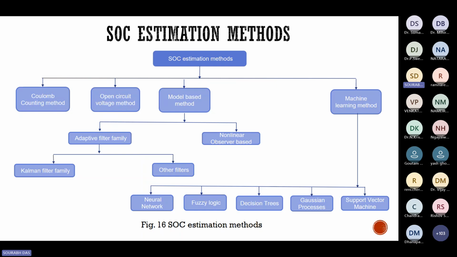They are also of two types. One is the adaptive filter based. In the adaptive filter based, there is the Kalman filter family and other families. The Kalman filter family means the Kalman filter, extended Kalman filter, and unscented Kalman filter can be used for this SOC estimation. Other filters include recursive least square estimation methods.